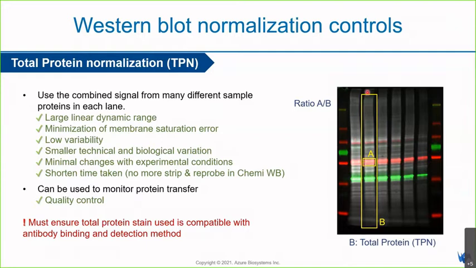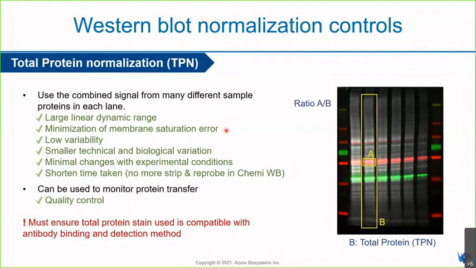Total protein has a wider dynamic range because you can see both low abundance target proteins or highly expressed housekeeping proteins and the other proteins that you cannot identify. Thus it gives you lesser risk, or minimizes the membrane saturation error, so you don't need to worry about that.